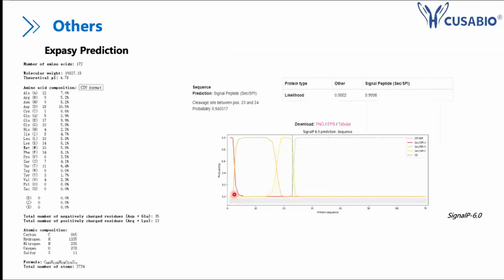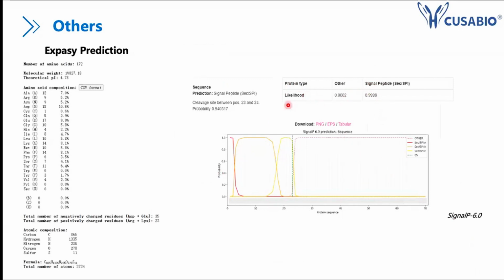And the last one that I use a lot is the prediction about the signal peptide. I know I talk a lot about the signal peptide, but this database is strong. It's pretty powerful. So see, it can give you a prediction about the probability that this protein has a signal peptide.